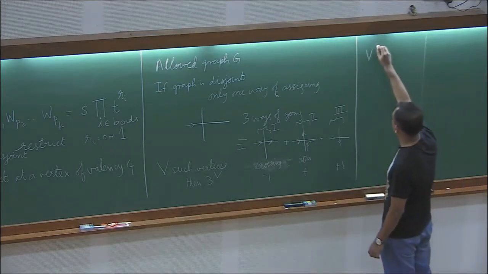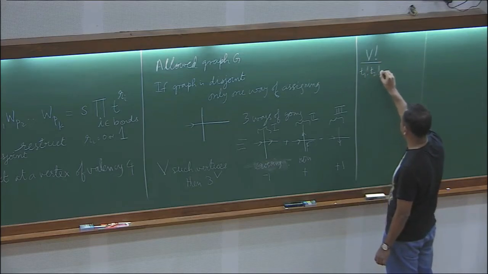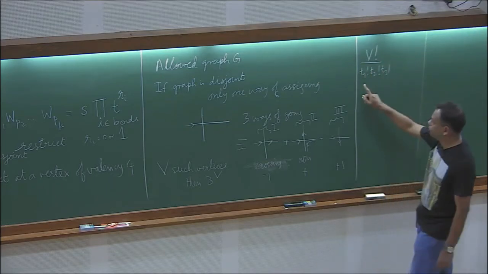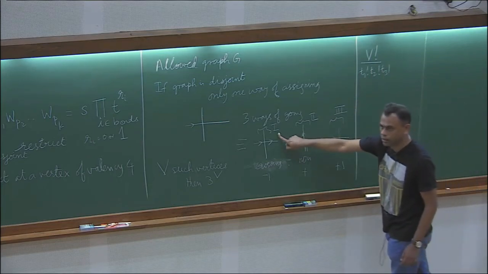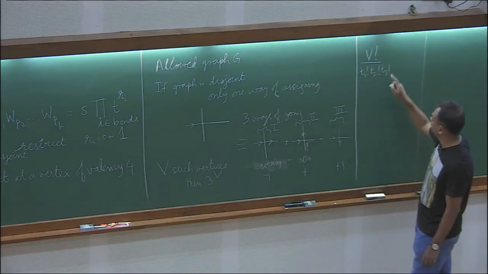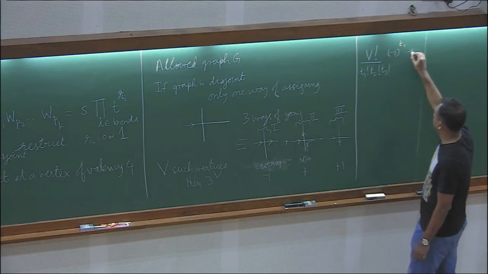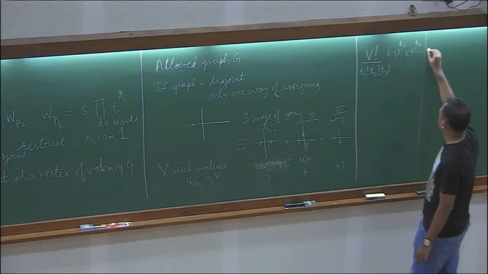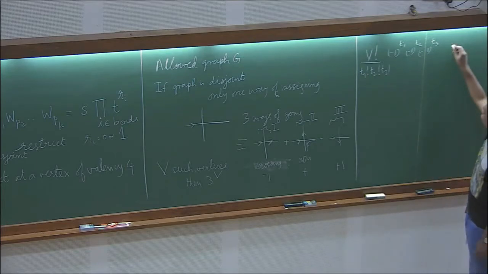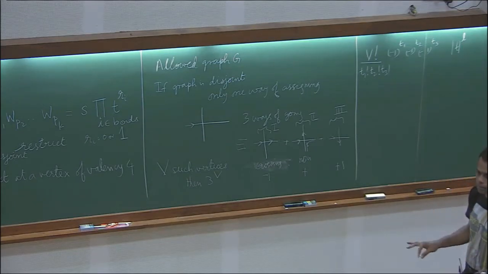So number of ways of doing it is v factorial by t1 factorial, t2 factorial, t3 factorial, where t1 is the number of vertices of type 1, type 2, and type 3. So I assign them, these are the number of ways of doing it. The sign of each one is -1 to the power t1, -1 to the power t2, -1 to the power t3. The weight of each walk doesn't change, it is mod t to the power length. Length of the walks do not change. It's the number of bonds in the graph.